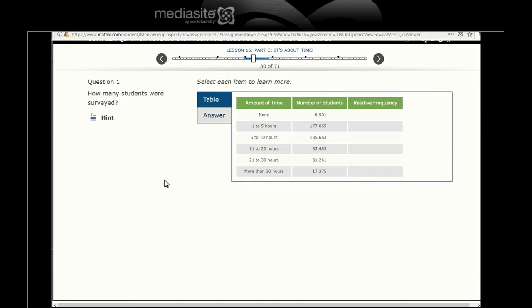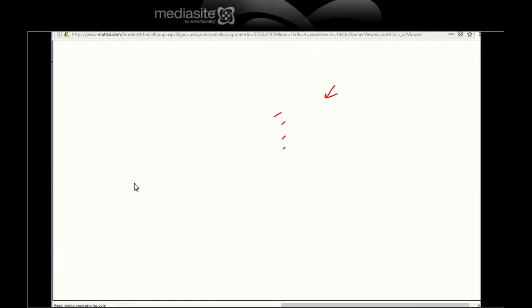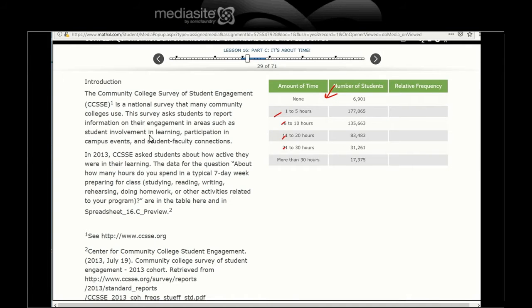And the question is, how many students were surveyed? Well, here are the numbers that make up the various categories: none, 1 to 5, 6 to 10, 11 to 12 hours of their engagement.